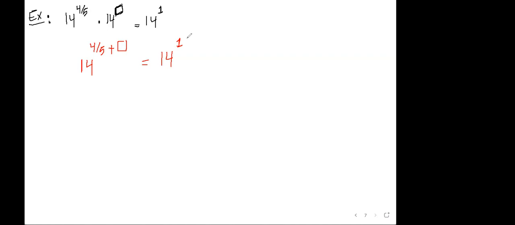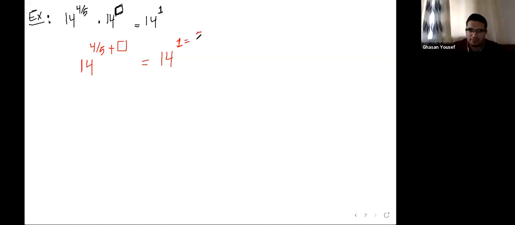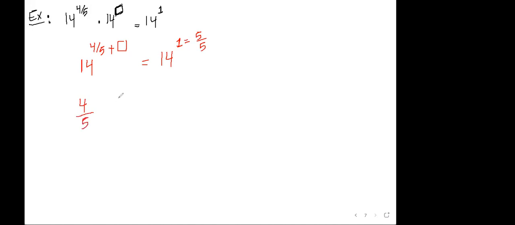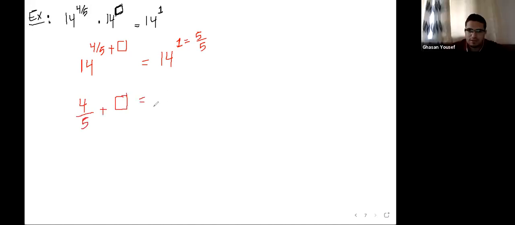This 1 is actually 5 over 5. So here I get 4 over 5 plus what? That gives me 5 over 5. So you subtract, exactly. So this is equal to 1. And again, 4 over 5 plus this box equals 5 over 5.